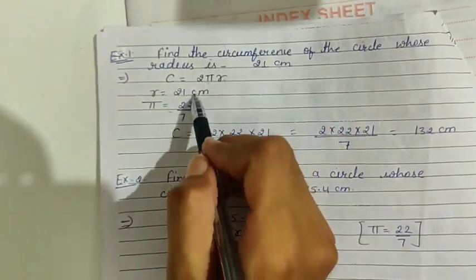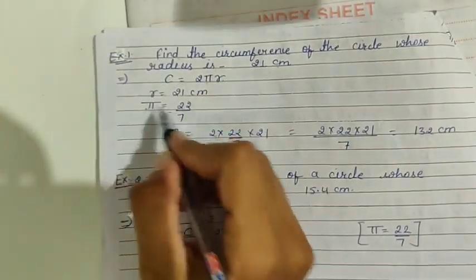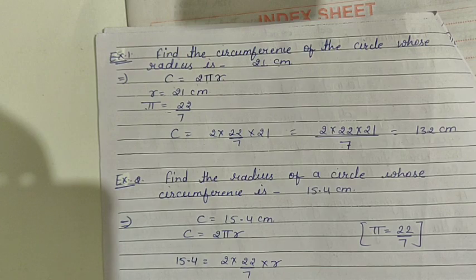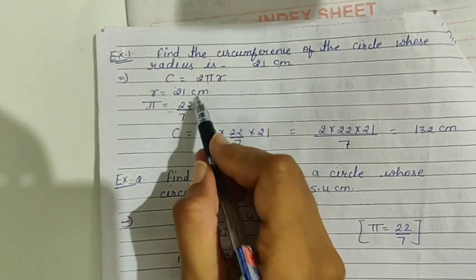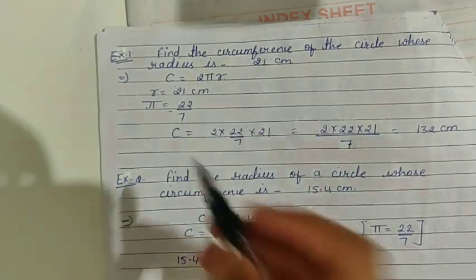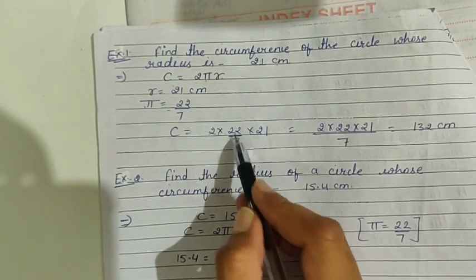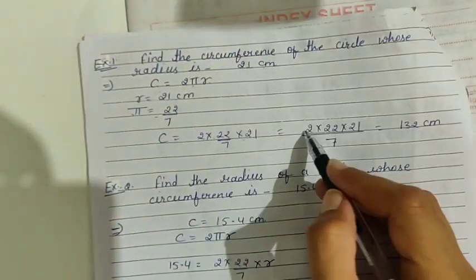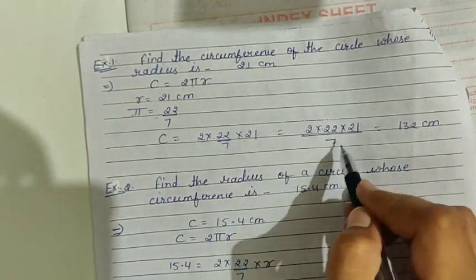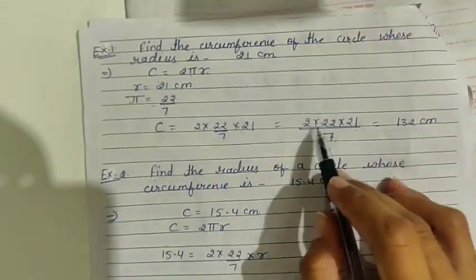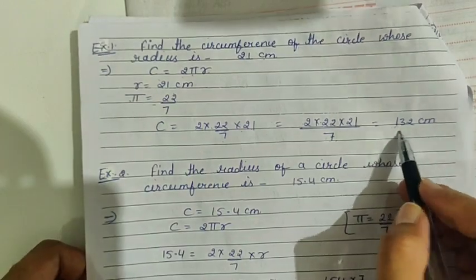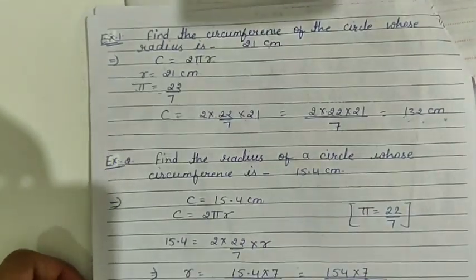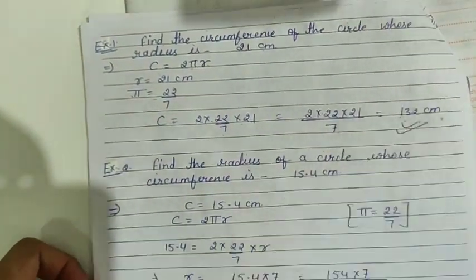Here r is equal to 21 centimeter, this is given, and value of pi is 22 upon 7. Now we will put these values in this formula. So C is equal to 2 into 22 upon 7 into 21, that is equal to 2 into 22 into 21 upon 7. When we solve this, we get our answer 132 centimeter. This is the circumference of this circle.